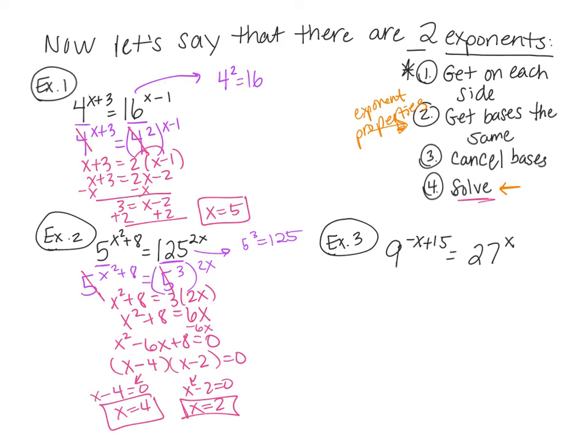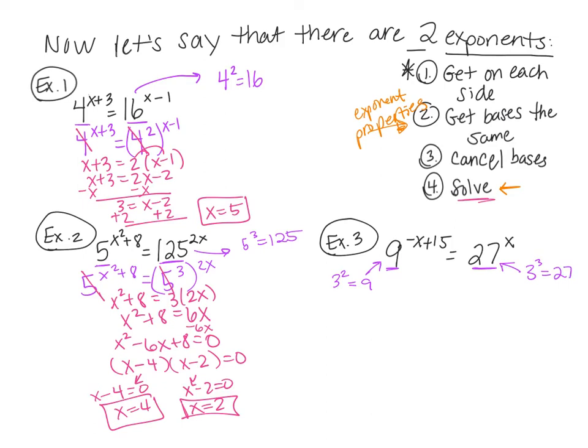Okay, so I look at my 9 and my 27 and say, okay, how can I get them the same? Well, 27 is not 9 to any power, so that means they both have to go down, meaning that 9 is 3 squared and 27 is 3 cubed.